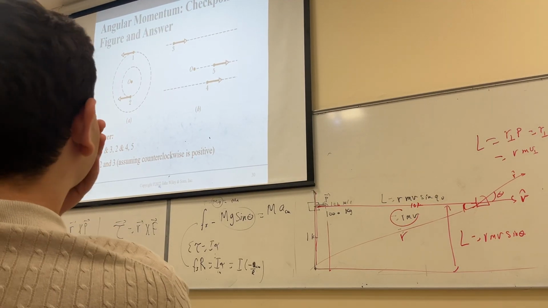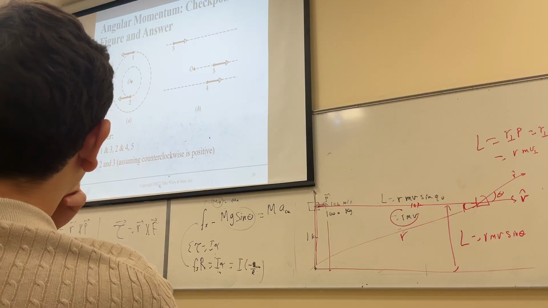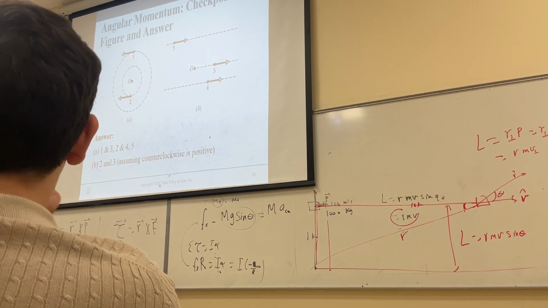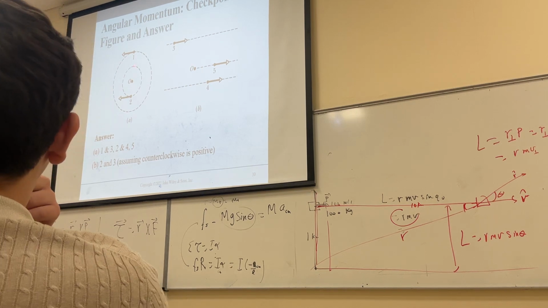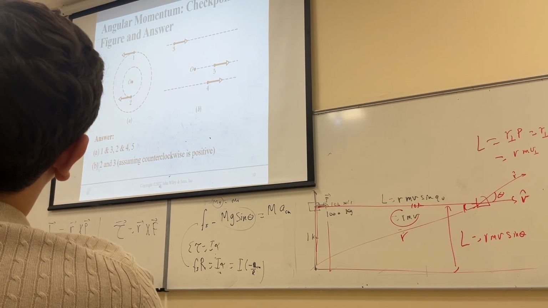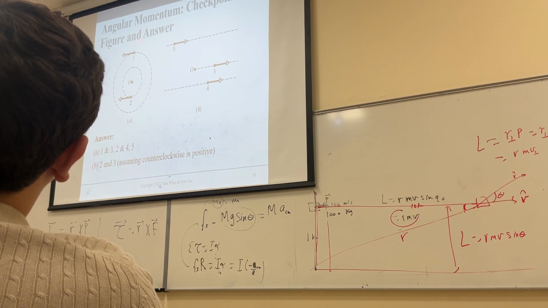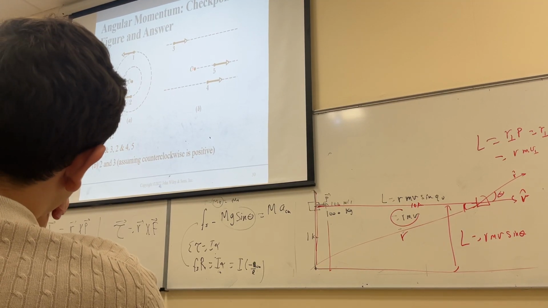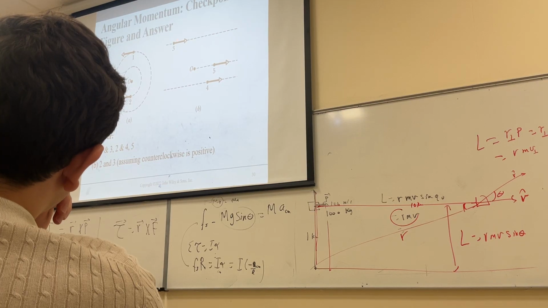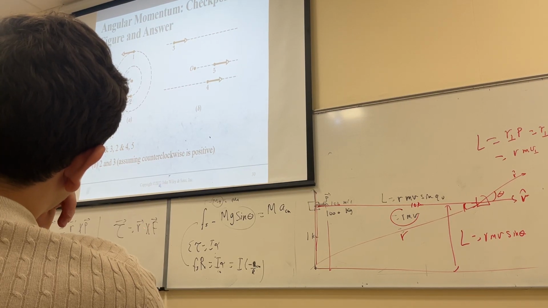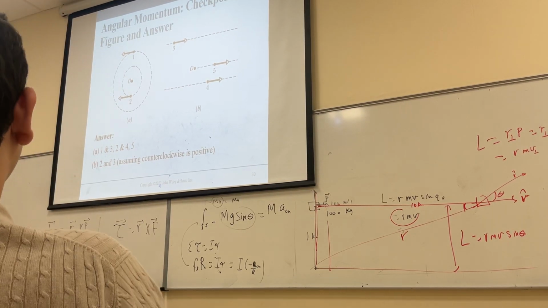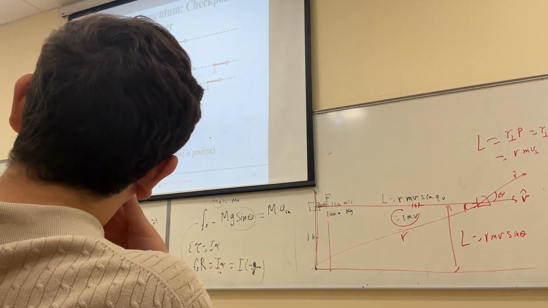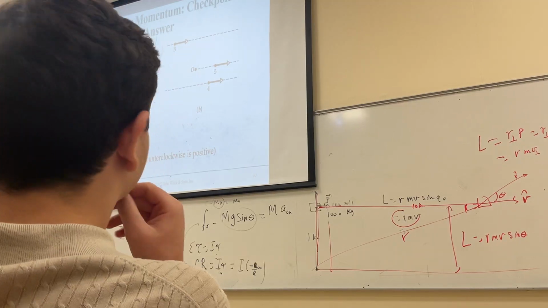See, 2 will go clockwise, so it's negative. 1 and 3 are the same because of R crossed with V. They are moving this way, and this is R. The angle between them is 90 degrees. For this one, it's moving this way, and the cross product gives R perpendicular times V. The perpendicular is the same as this one, so they have the same magnitude.